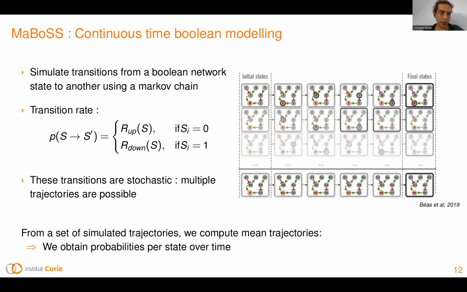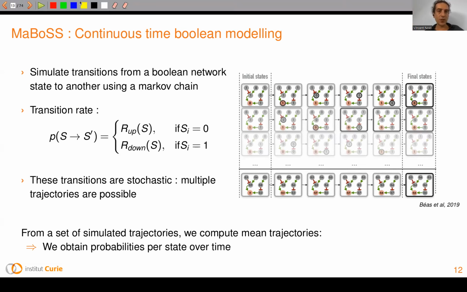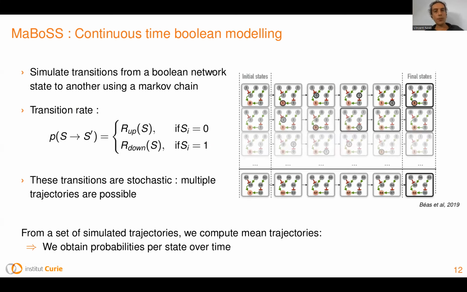So how does it work? The idea, like I told you, is that it's a Markovian process, so it's a sequence of events. We simulate transitions from one Boolean network state to another one. For example, we start with this very small Boolean network with this exact activity for each node. Then we compute the next transition and we update the value of the nodes, one at a time, and we end up in a final state.